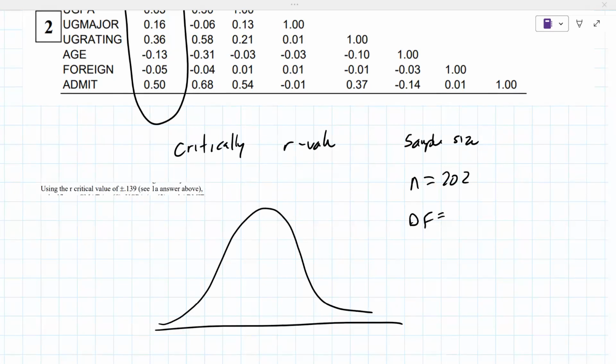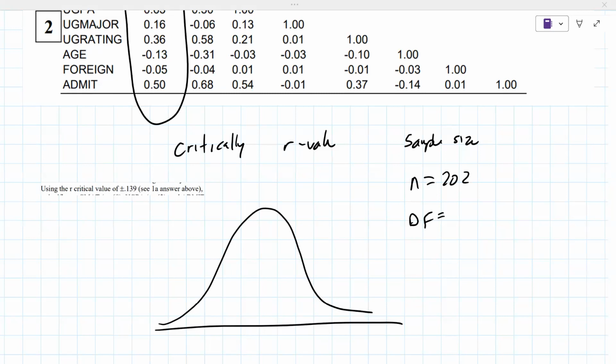Let me go look at 1A one more time. Oh yeah, there they give the 95% plus or minus 0.139. So normally this plus or minus 0.139 comes from a t table, or you use the calculator with a t distribution. I have no idea how you're supposed to do this without either of those.